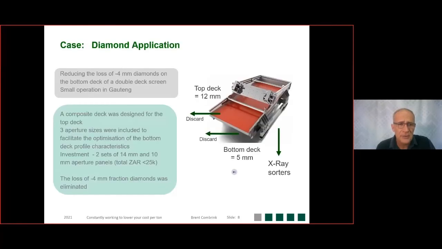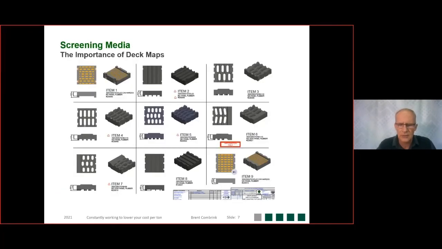Now our competitors' panels in that specific application were lasting 2 to 4 weeks. Our Australian team designed new panels for that specific feed section, and they got a life between 12 and 14 weeks, obviously reducing the downtime for the replacement of these panels.